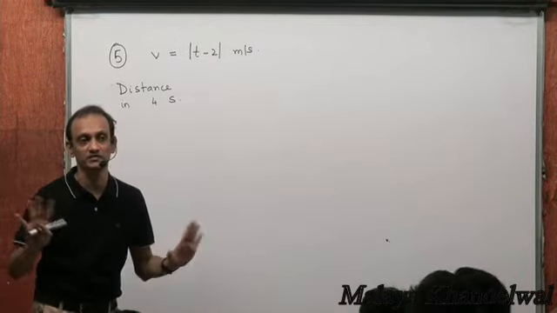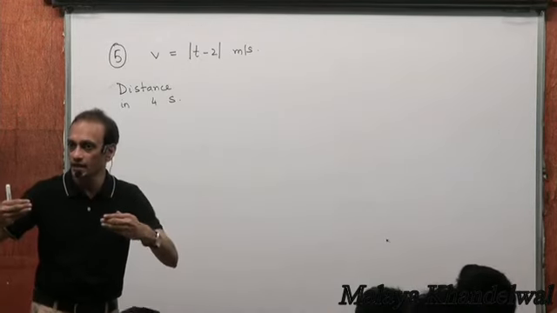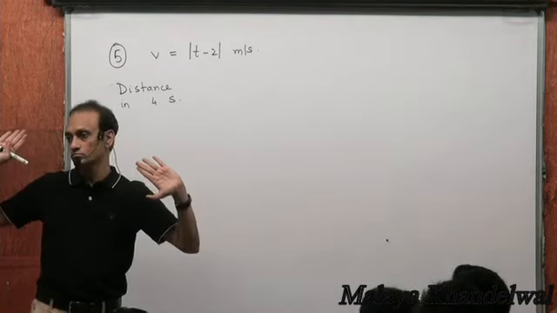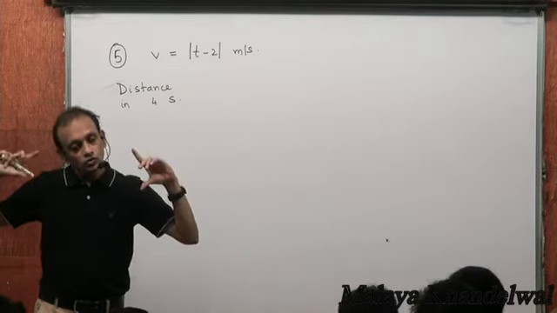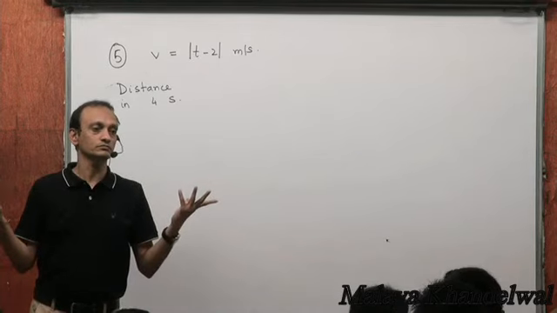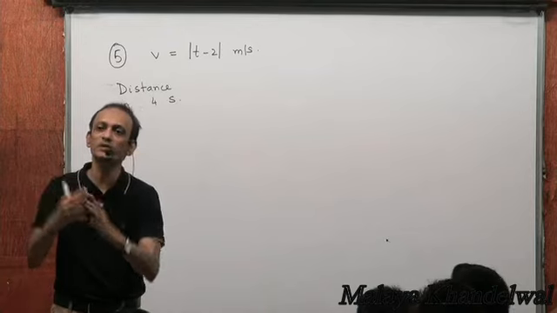V never becomes negative. That means if V is maintaining the same sign, the direction of motion has not changed. You know what I'm saying? So if the direction of motion does not change, then distance and displacement will be the same.